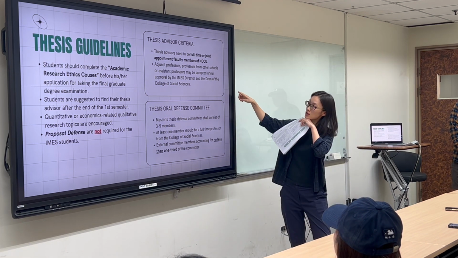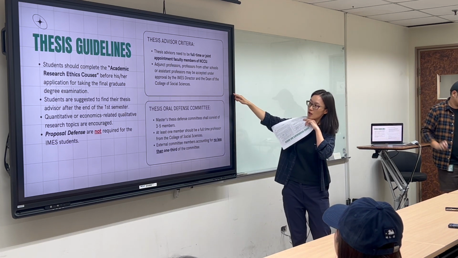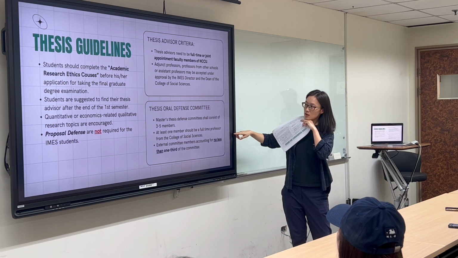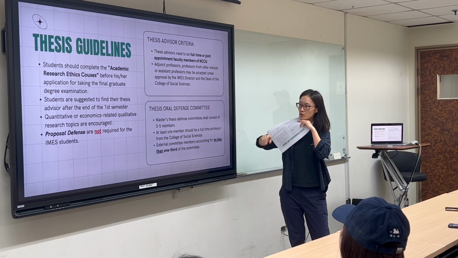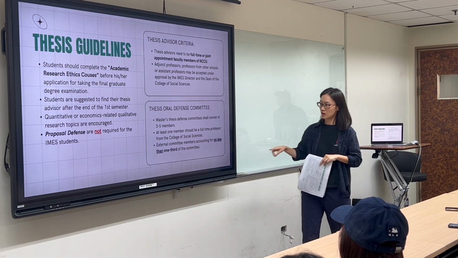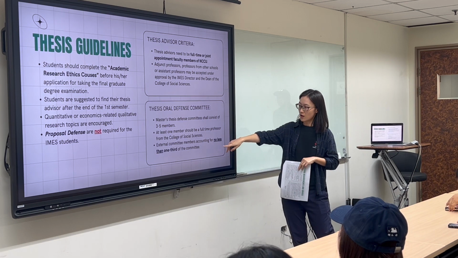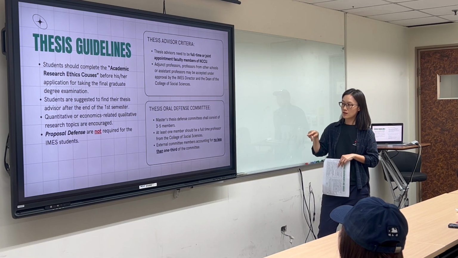This is about who can be your advisor, and this is your defense committee. It should be 3 to 5 members, including your advisor. The external committee members account for no less than one third.